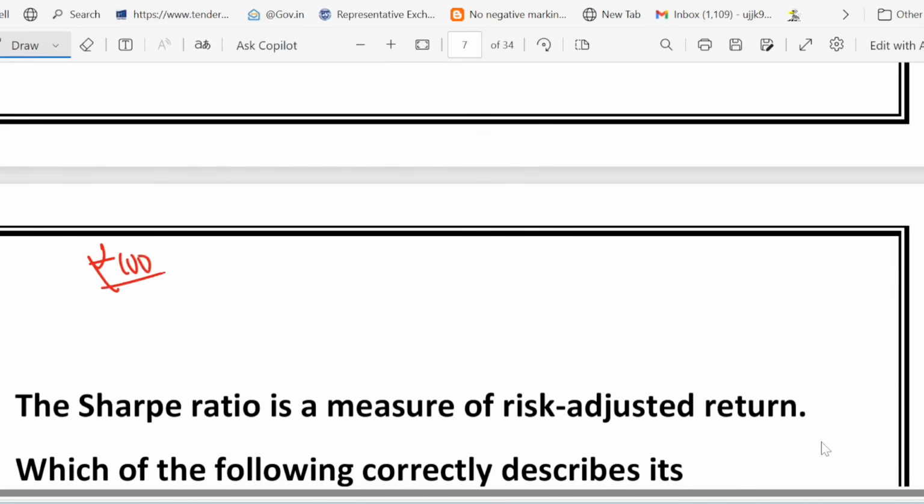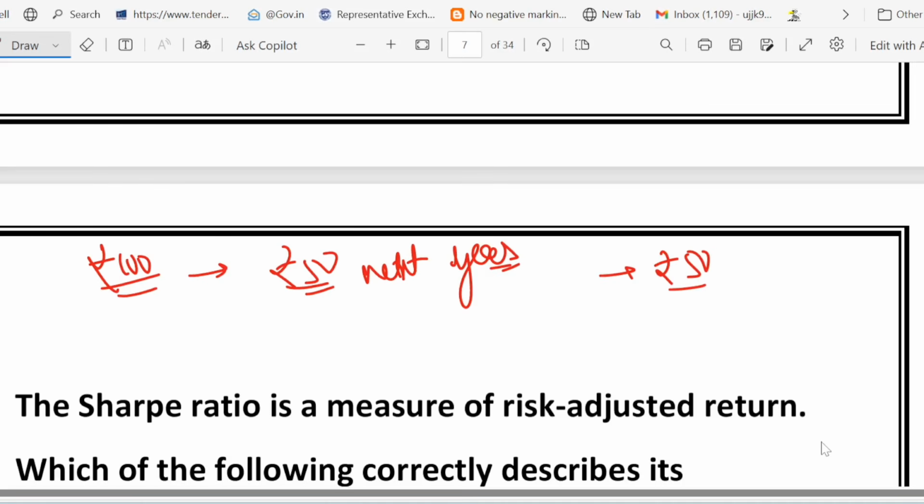Suppose you lend rupees 100 and you expect rupees 50 next year, and rupees 50 after 5 years. Now in this case, suppose the interest rate increases. So what will happen? That 50 rupees in the 5th year is worth much less now.